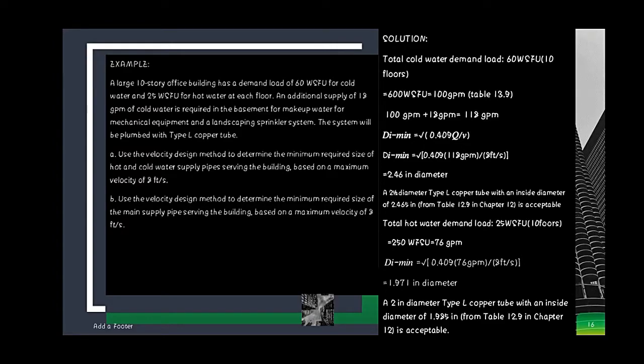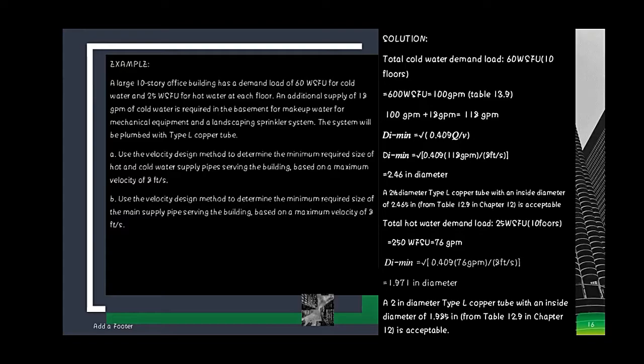And then, doon sa table, yung 600 WSFU is equal to 100 GPM. And then, itong 100 GPM, i-add lang natin dito yung additional supply, which is 18 GPM. Kaya magkakaroon tayo ng 118 GPM or yung design loads.